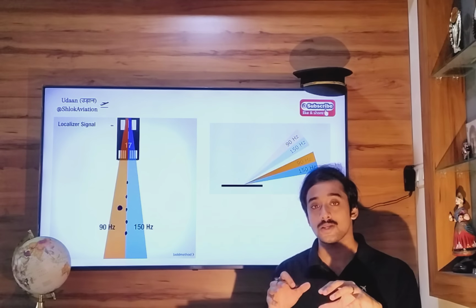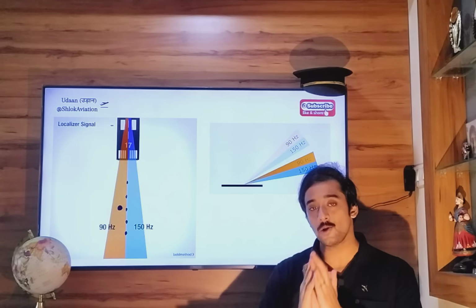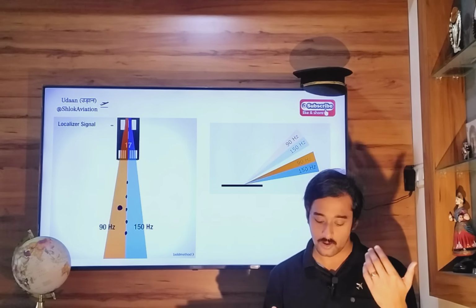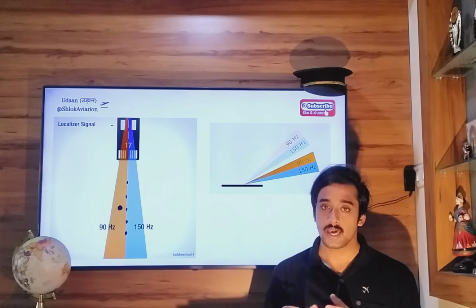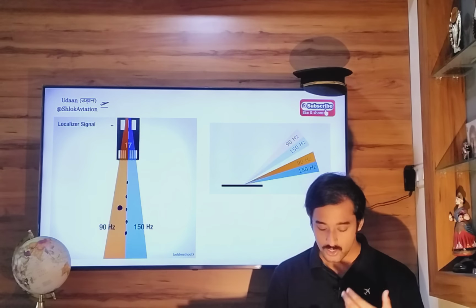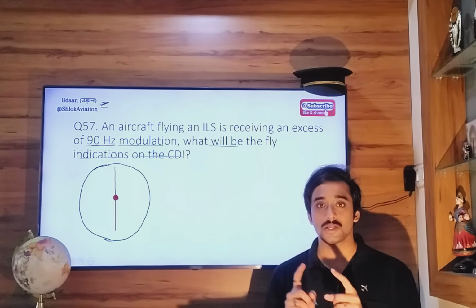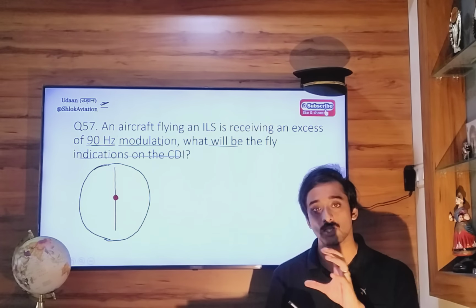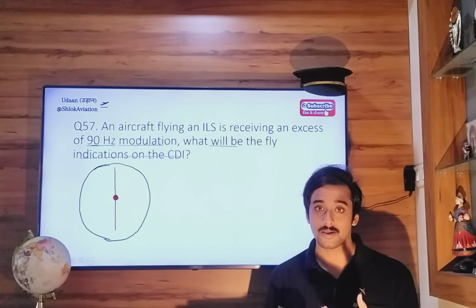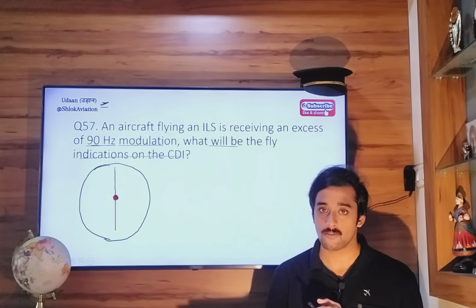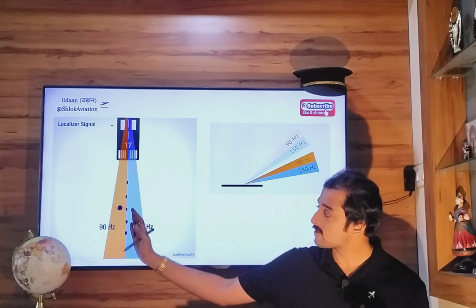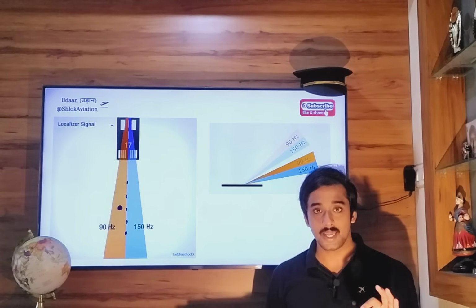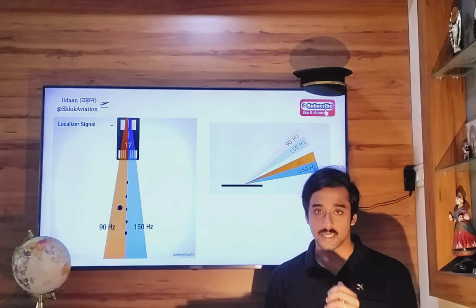So the balance which was existing before when you were flying correctly on the extended center line, that balance will break. It will receive more 90 hertz signal and less 150 hertz signal. So what will be the reaction that you will see on the CDI indicator? The CDI indicator is designed to give us a solution, an answer, a reply to whatever problem we are facing. So if we are flying to the left hand side of the center line, our job will be to correct that trend and come back to our center line.